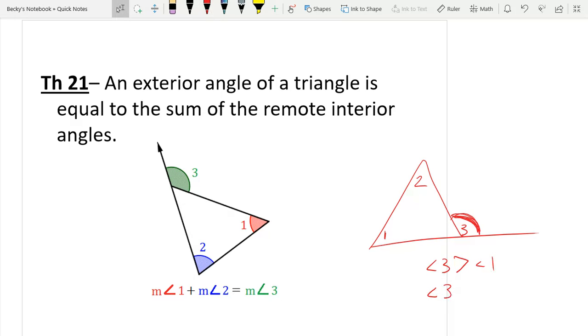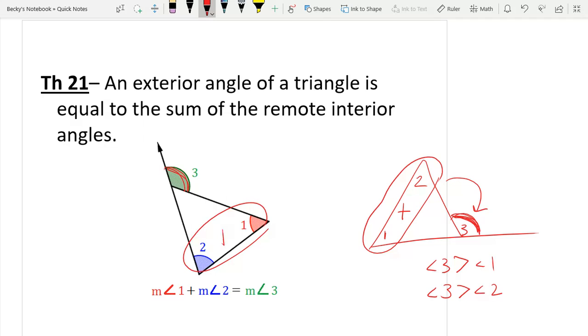And we would say angle 3 is greater than angle 2. And the way I explained it is because when you add these together, it actually equals the exterior angle. So now we're finally doing this theorem. Theorem 21, the exterior angle of a triangle, so angle 3, which I numbered the same way, which is kind of funny, is equal to the sum of its remote interiors. Okay, so you're adding the two remote interiors.